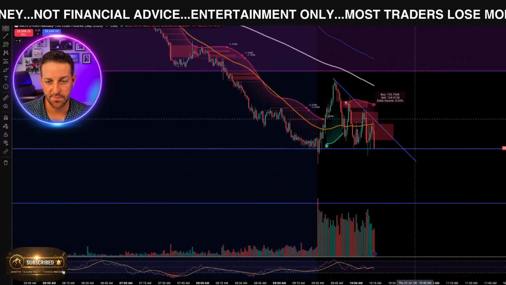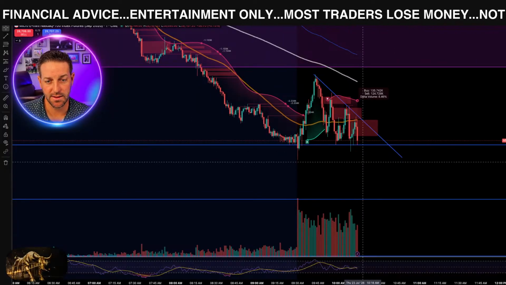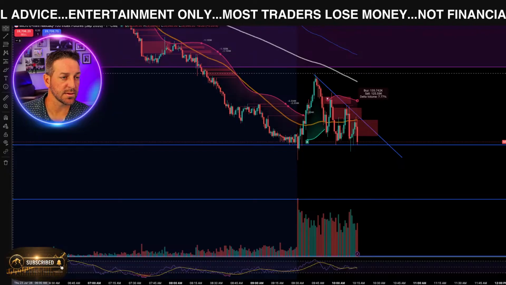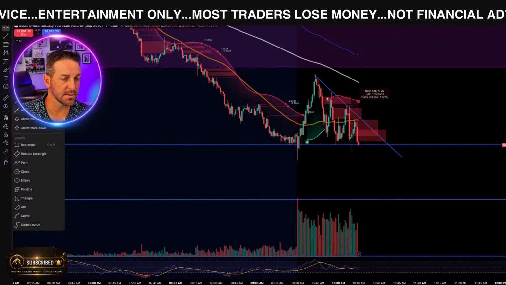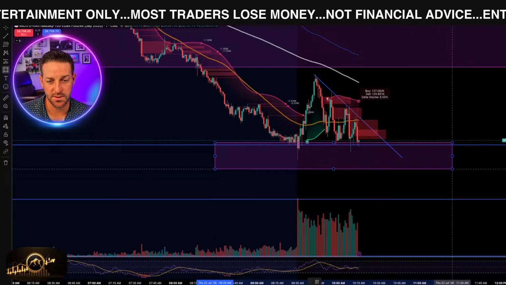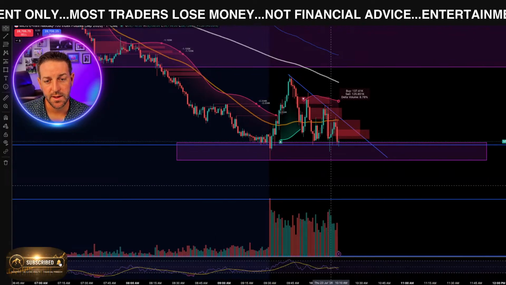Yeah, people are hammering the shorts on that trend line. They're just taking the shorts and pushing it down, and then buyers down here are stepping in. Let's put a little box down here. There's just a little bit of a buyer's section, kind of right in here, that's holding it up.